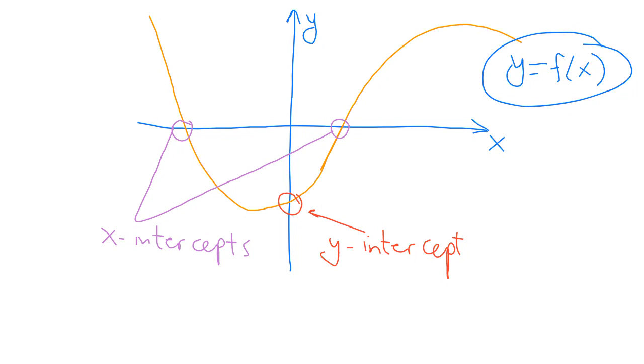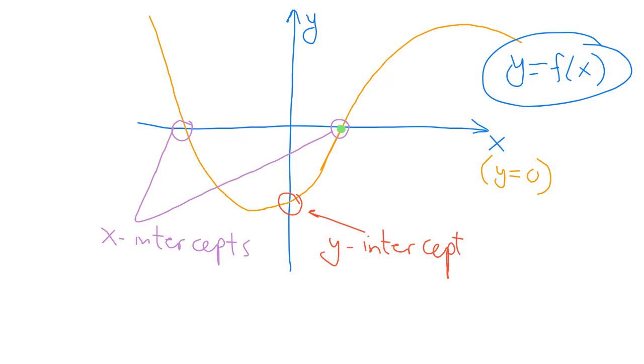The x-axis is the set of points where, for any point of the x-axis, y has to be 0. So if you see at this point, it should satisfy the equation of the function.